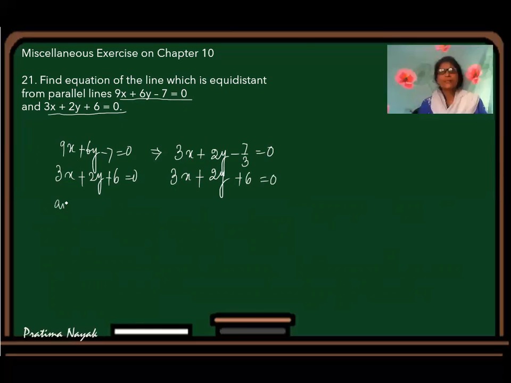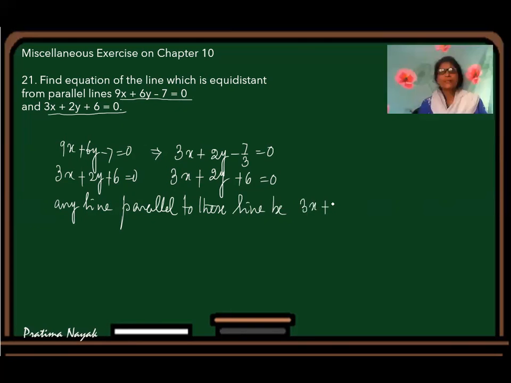Now any line parallel to this line will be 3x plus 2y plus k is 0.